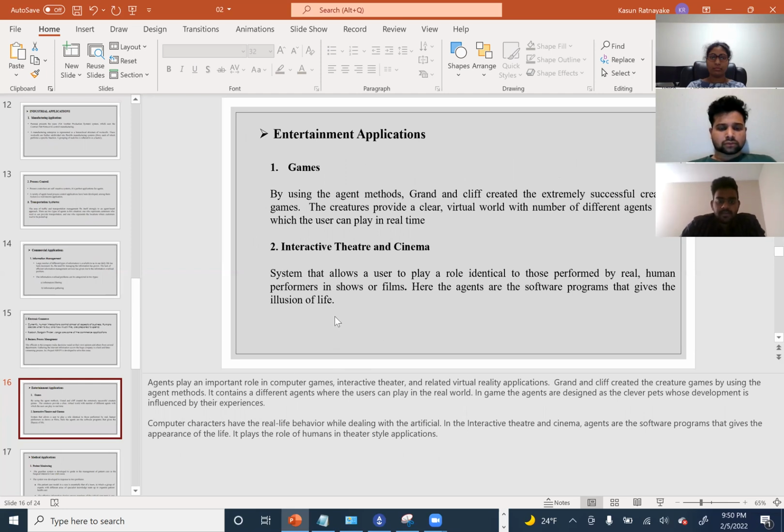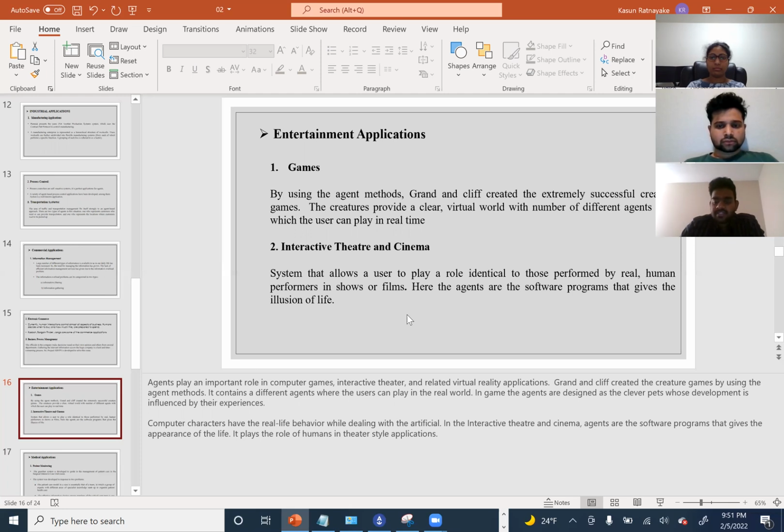And in the entertainment applications, agents play an important role in computer games, interactive theater, and related virtual reality applications. Grand and Cliff created the Creatures game by using agent methods. It contains different agents where the users can play in the real world.